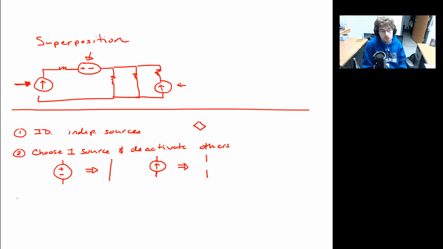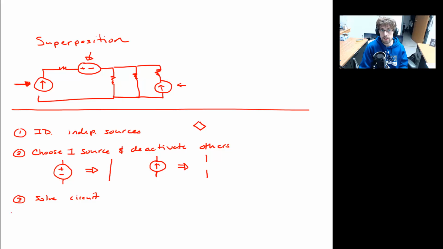Then solve the circuit. Right. So you solve it for the one source that you've chosen to keep active.